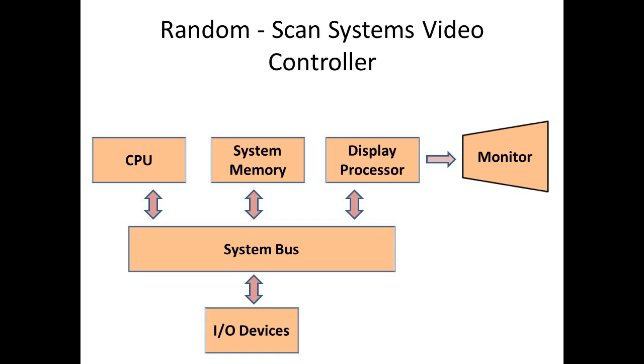Lines are defined by the values for the coordinate endpoints, and these input coordinate values are converted to x and y deflection voltages. A scene is then drawn one line at a time by positioning the beam to fill in the line between specified endpoints.